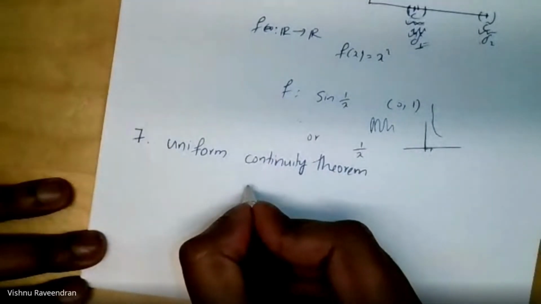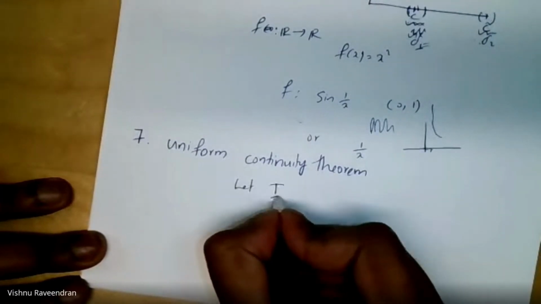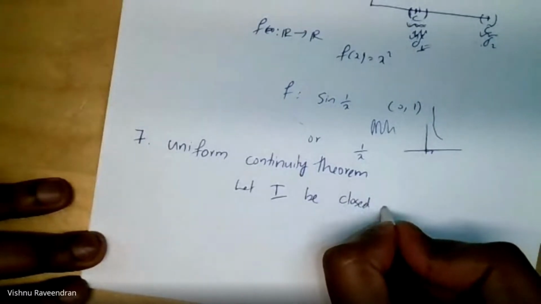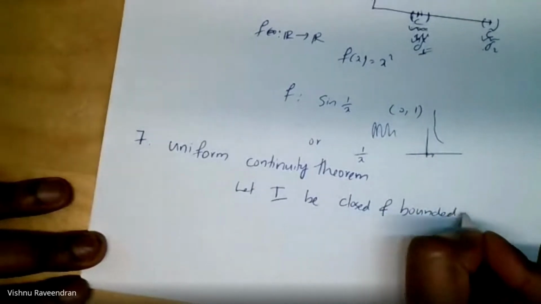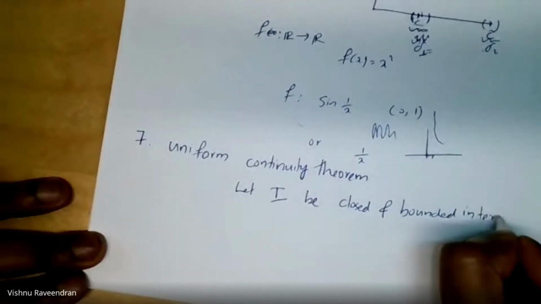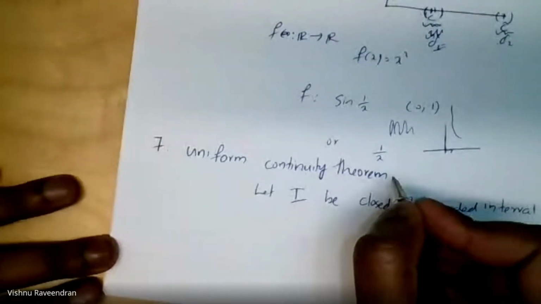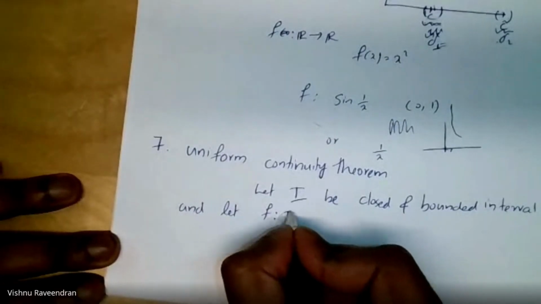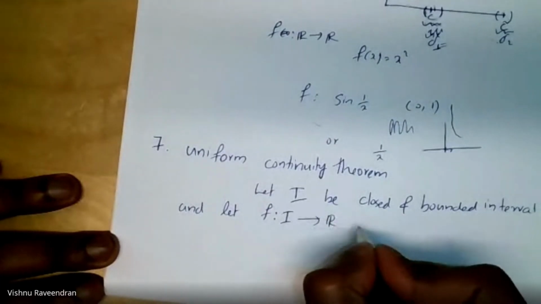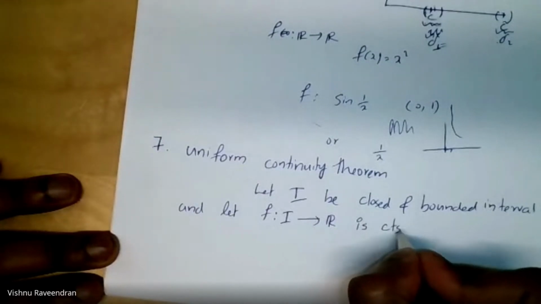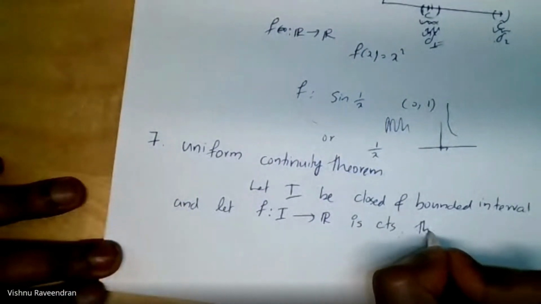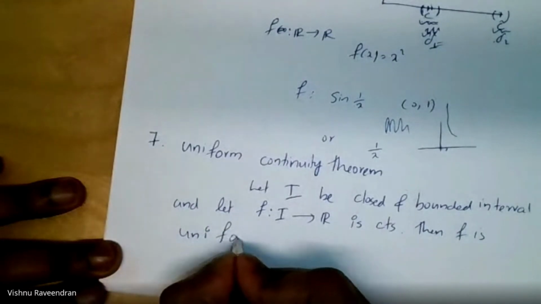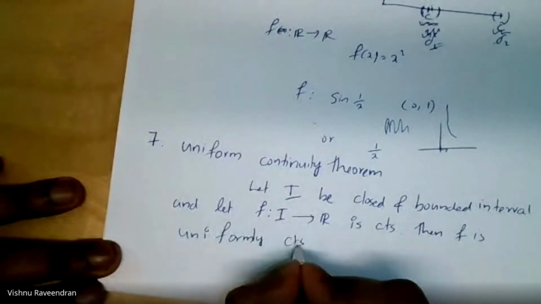It says that let I be a closed and bounded interval, and let f from I to R be continuous, then f is uniformly continuous.